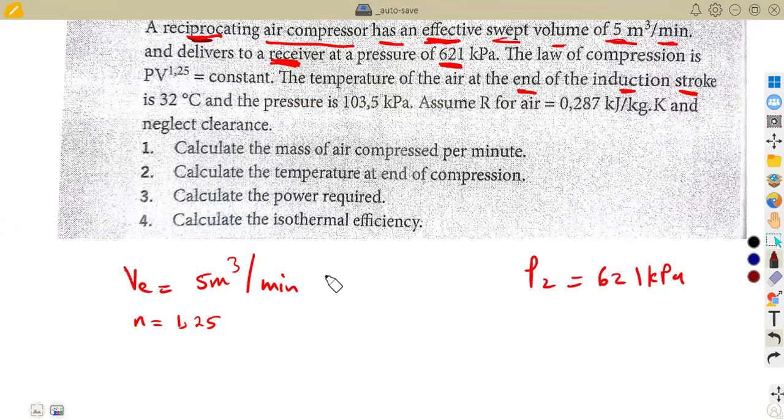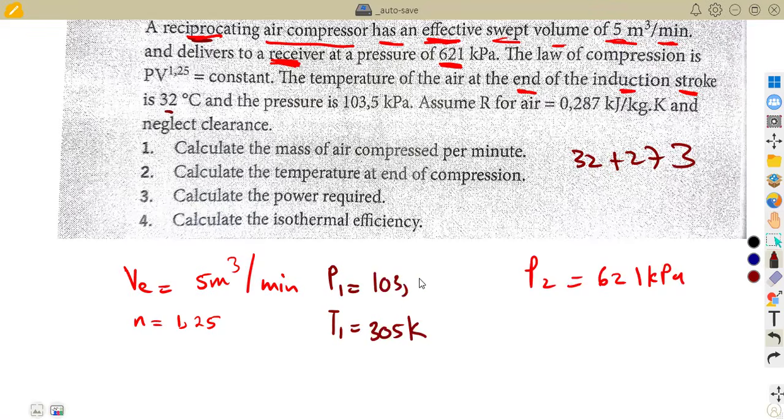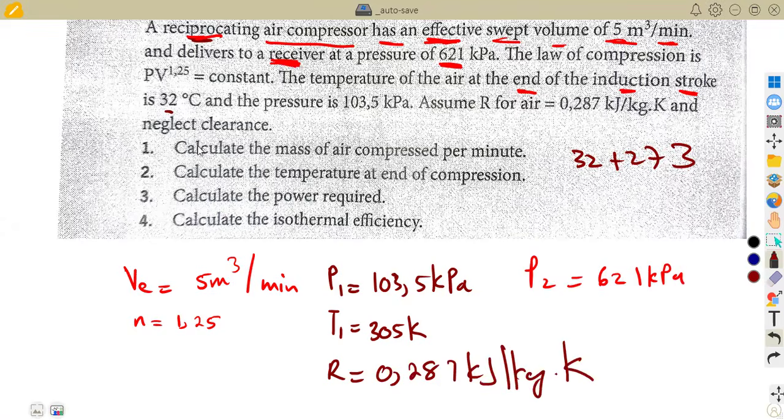So P1 is at the inlet. They started with temperature: T1 is 32, so 32 plus 273 is 305 Kelvin. P1 is 103.5 kilopascal. And R for air is given as 0.287 kilojoules per kilogram Kelvin.